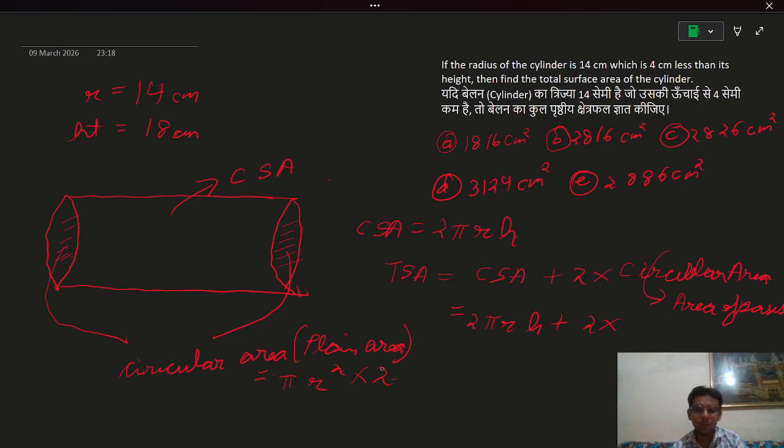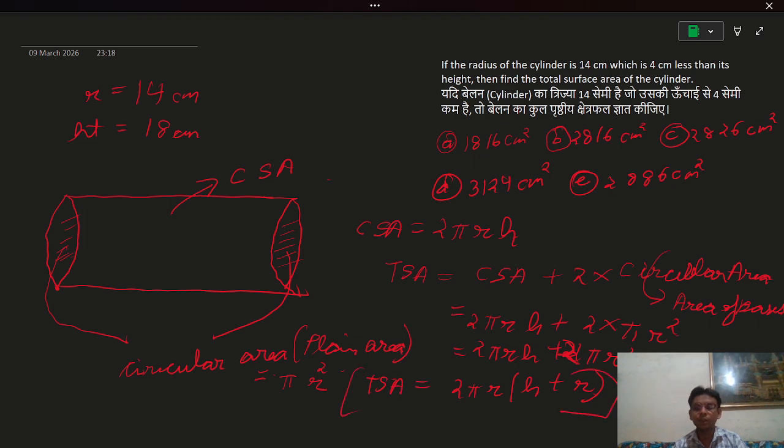The circular area is the plane area or base area, which is pi r square. 2 into pi r square. So it will become 2 pi r h plus 2 pi r square. Taking 2 pi r as common, here it becomes h, here it becomes r. So this will be the formula for total surface area.